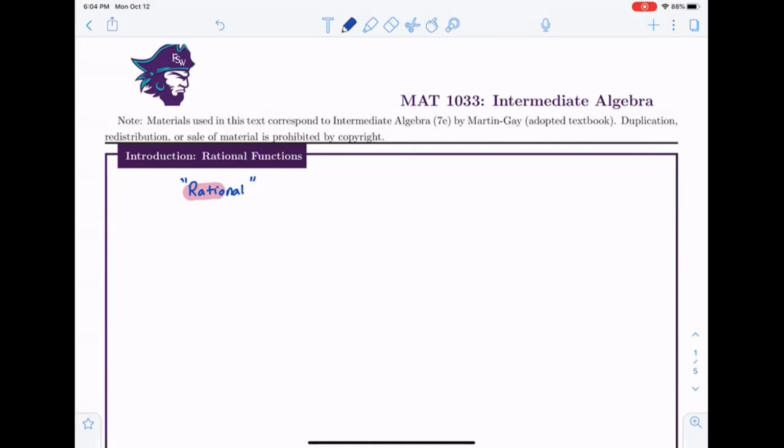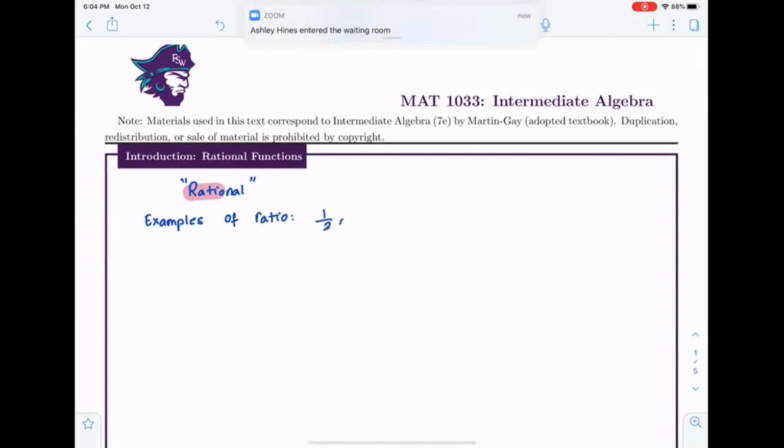So all fractions, so 1/2, 17/2, 37/19, all of those are simple ratios.